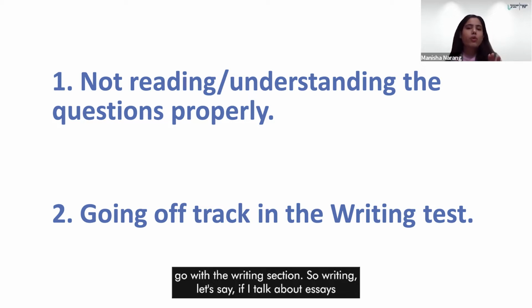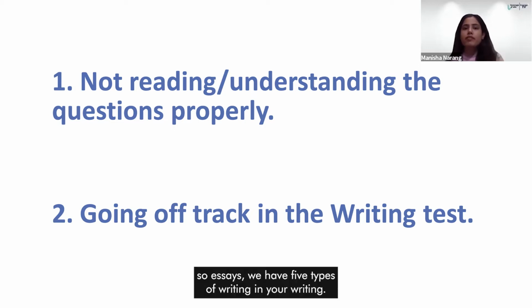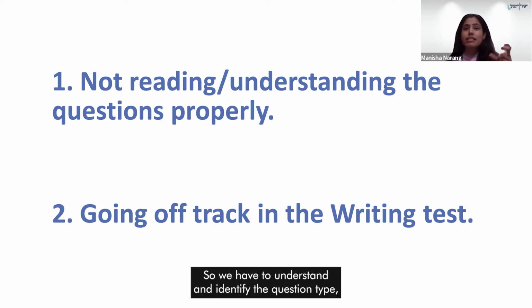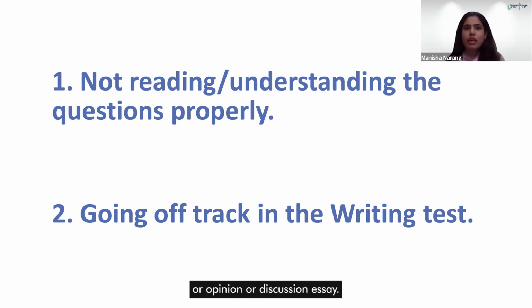First of all, I'll go with the writing section. So writing, let's say if I talk about essays. We have 5 types of essays in IELTS writing, right? So we have to understand and identify the question type, whether it is an advantages, disadvantages essay, or a problem solution essay, or an opinion or discussion essay.